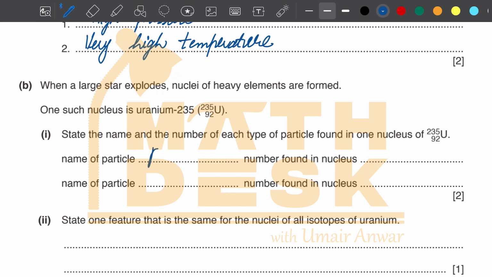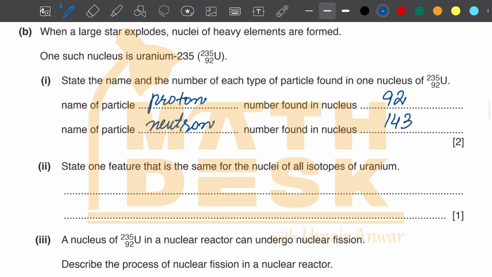So the first particle could be proton here, and the count of this particle is 92, and the other particle found in the nucleus is neutron, and the count is obtained when we subtract 92 from 235, and the answer is 143.